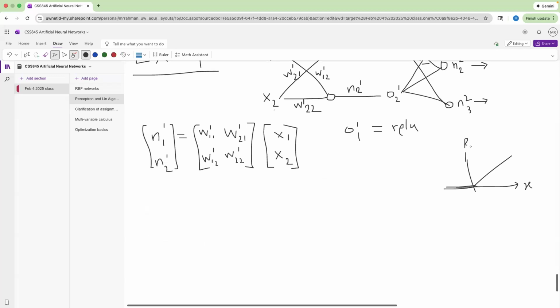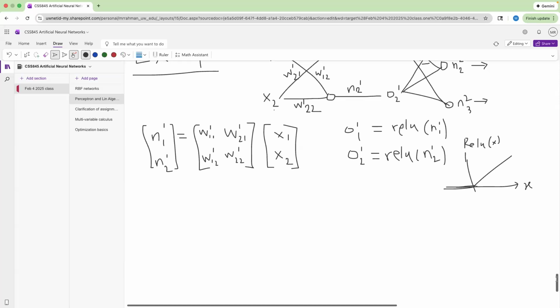So this is ReLU. Okay, so we just apply this here, and then O21 is ReLU of N layer 1, the second neuron.